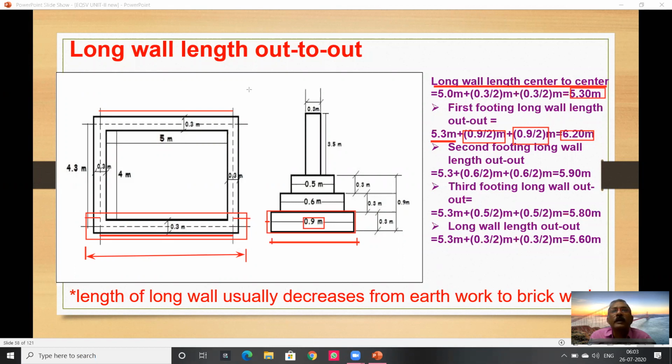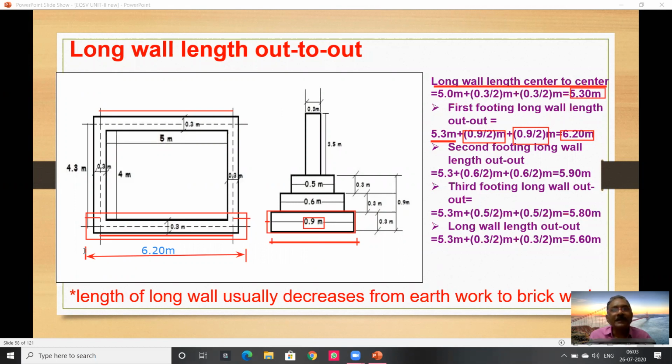Here you will get 6.2 meters, right? It is always 6.2 meters. So in this way we have to calculate the out to out of the first footing.